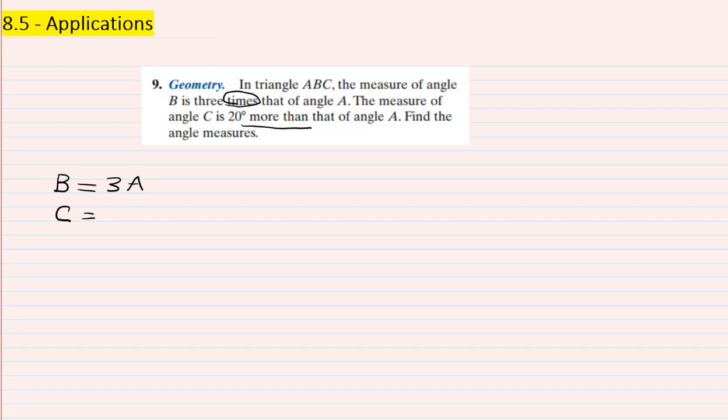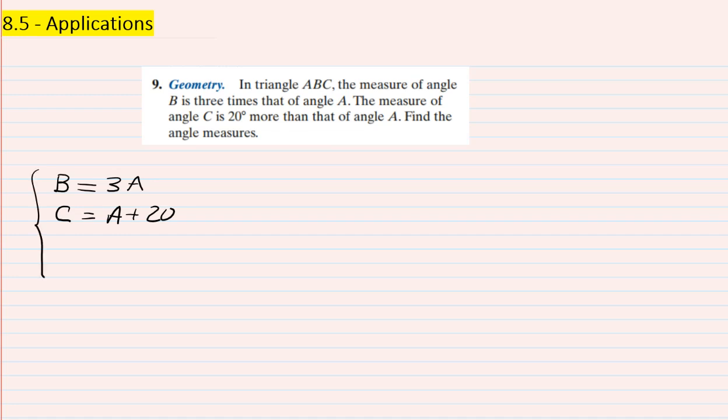More than means addition, right? So these keywords are what translate into the operation symbols in our mathematical expressions. The measure of angle C is 20 degrees more than A, so that's going to be A plus 20 or 20 plus A. So that would be 2 equations.